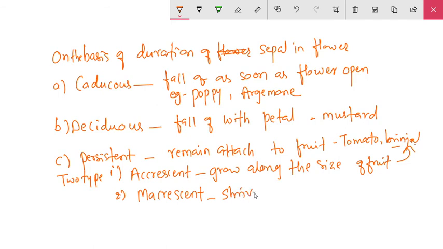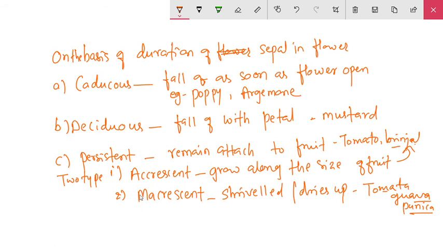It gets shriveled or dries up. याचे एक्झाम्पल काय? टोमॅटो किंवा गोवा किंवा डाळिंब प्युनिका. ओके. डाळिंब, गोवा, टोमॅटो याच्यामध्ये आपल्याला श्रीवेल त्याचे श्रीवेल म्हणजे असे खूप म्हणजे वाकडे तिकडे असे वाळल्यासारखे त्या ठिकाणी होतात पण तरी ते अटॅच असतात. ओके. सो अक्रेसंट आणि मॅक्रेसंट. ओके. So these two types they are the types of the persistent calyx, accrescent, macrescent.